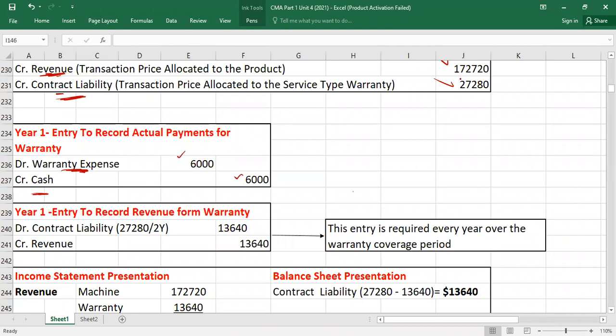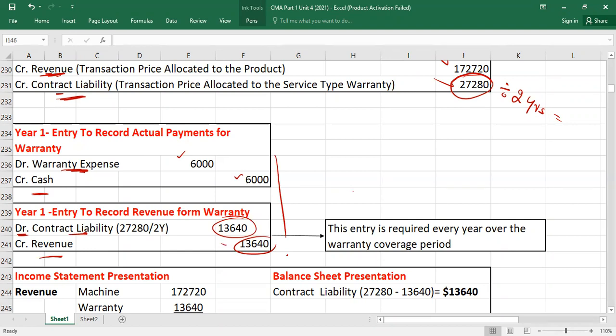Second, this warranty, I would say deferred income, you have to take to revenue over 2 years. Once you divide by 2, you get yearly revenue of 13,640. So you will debit contract liability and credit revenue. These are the entries in the first year.